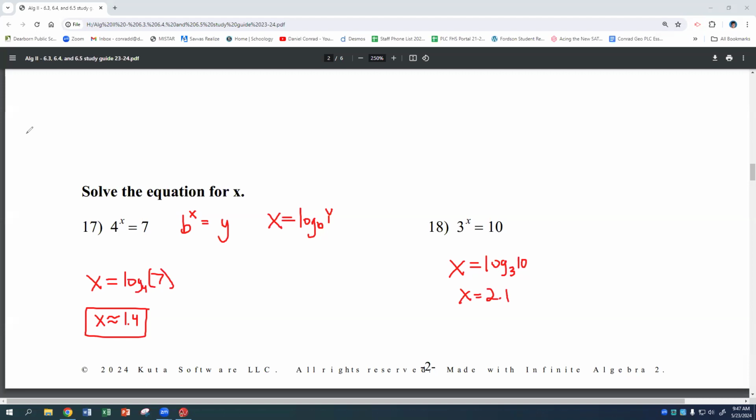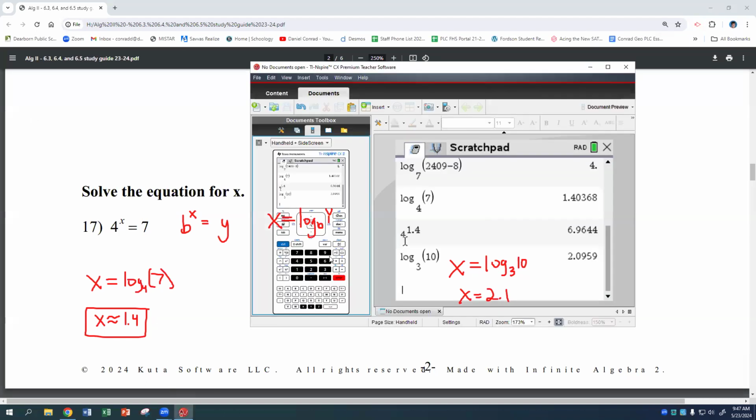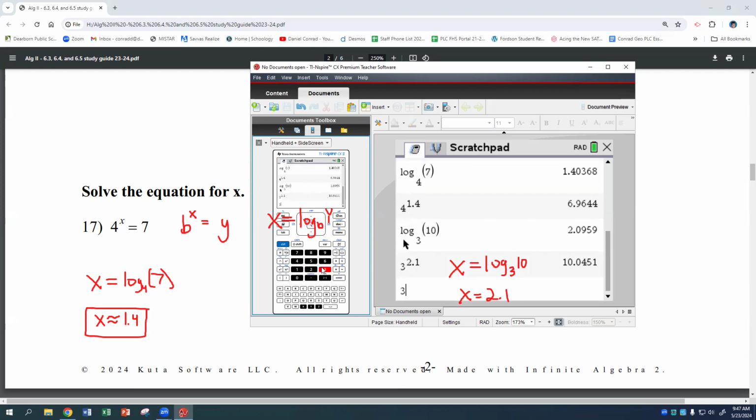And again, if I go and check my answer, 3 to the 2.1, it should be about 10, right? If I use the whole thing, so if I said 3 to the, and I used all of this, it's going to be closer to 10. It's going to be exactly 10 right there, right? So it just depends how you round.